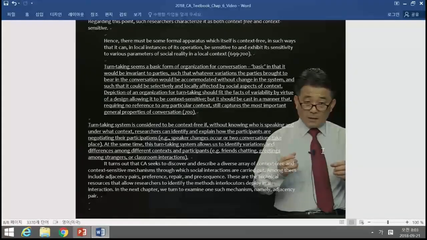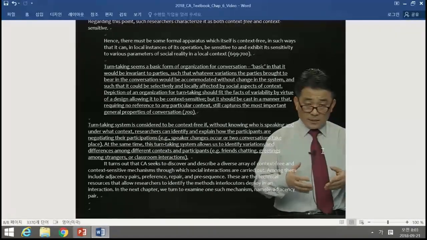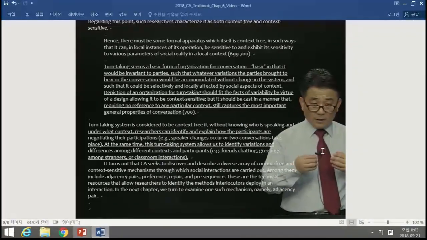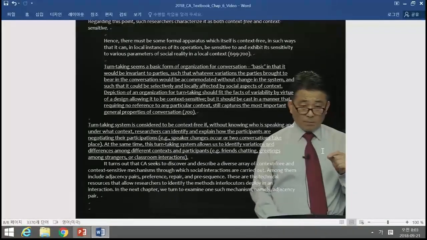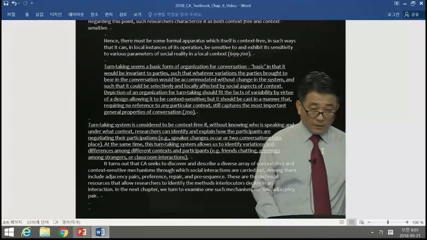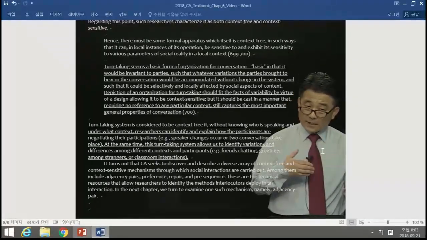It really doesn't matter who is the speaker. It could be a Korean, American, female, male, kid, adult. The turn-taking system allows us to analyze the conversational structures that could be applied to all kinds of different people. So in that sense, it's context-free. It's free from all different contexts.